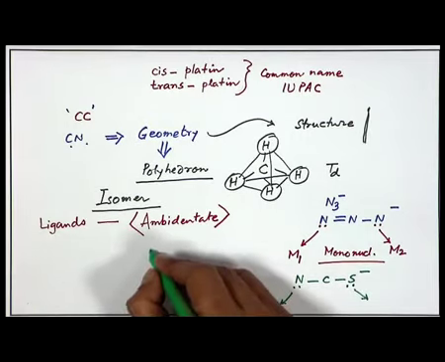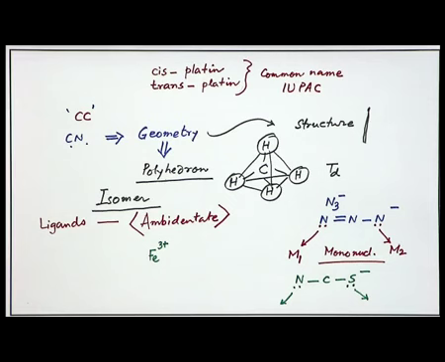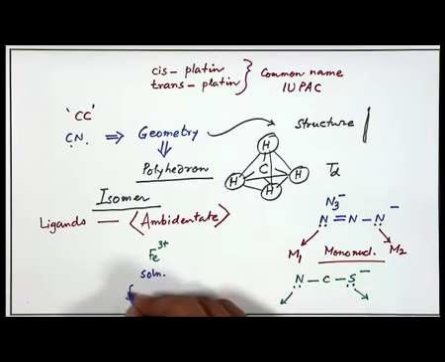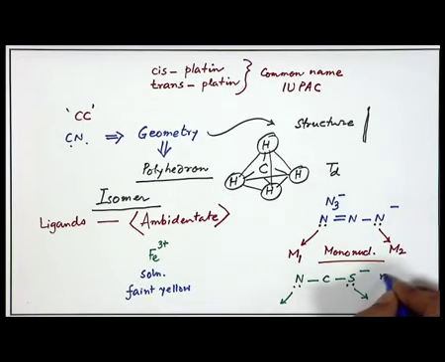If we consider the same, which is also a very good analytical test for identification of ferric ion in aqueous solution, which is faint yellow in color, this can be our reagent.